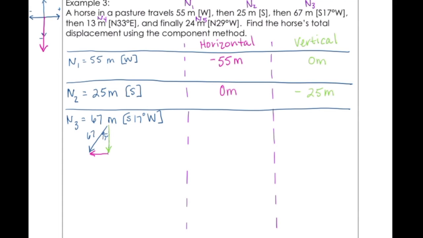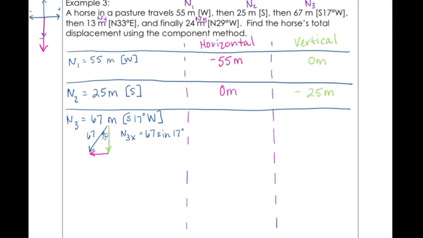This is 67. So for N3, our horizontal x would be equal to 67 times sine of our angle, 17. I just rearranged the sine ratio in order to get that.